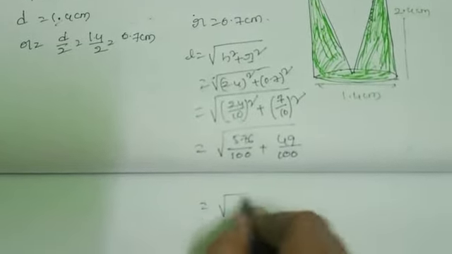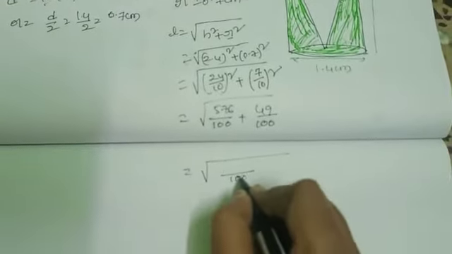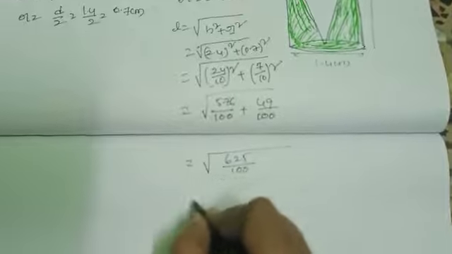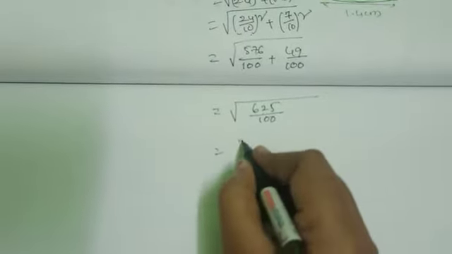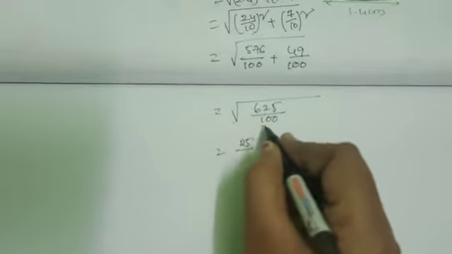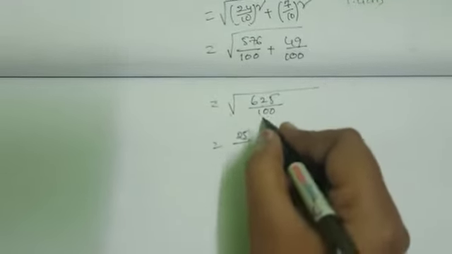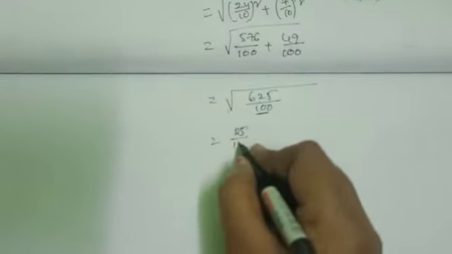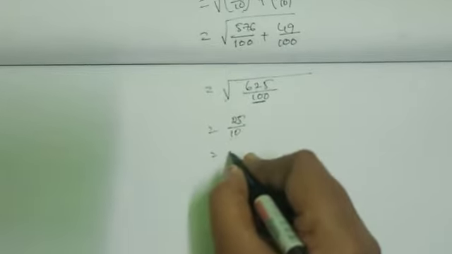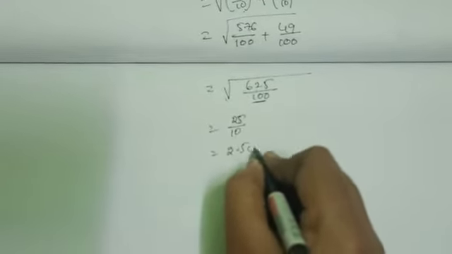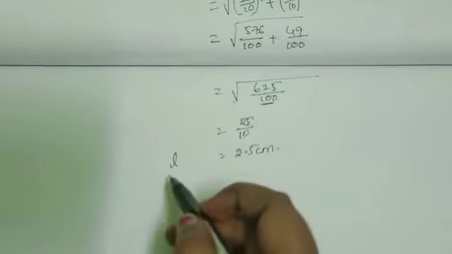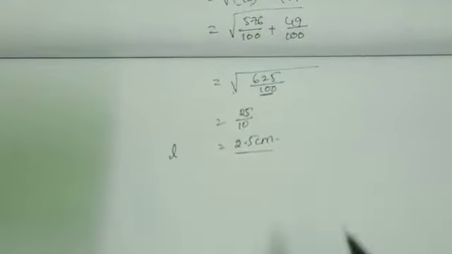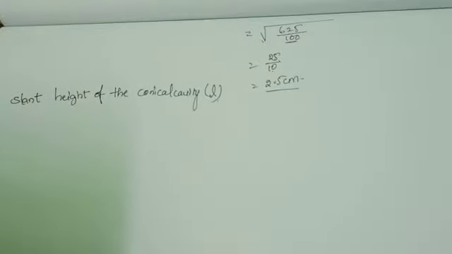LCM is 100, giving 625. Root over 625 is 25, root over 100 is 10. 25 by 10 is 2.5 centimeters. Therefore, the slant height of the conical cavity L equals 2.5 centimeters.